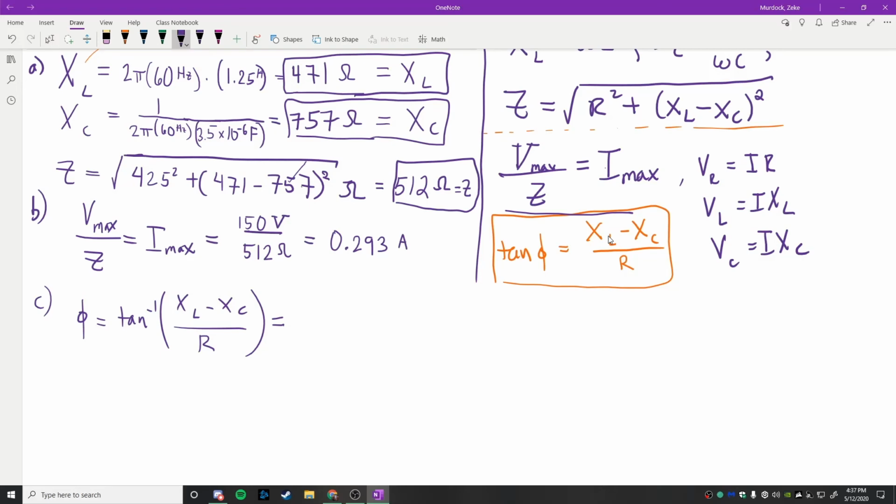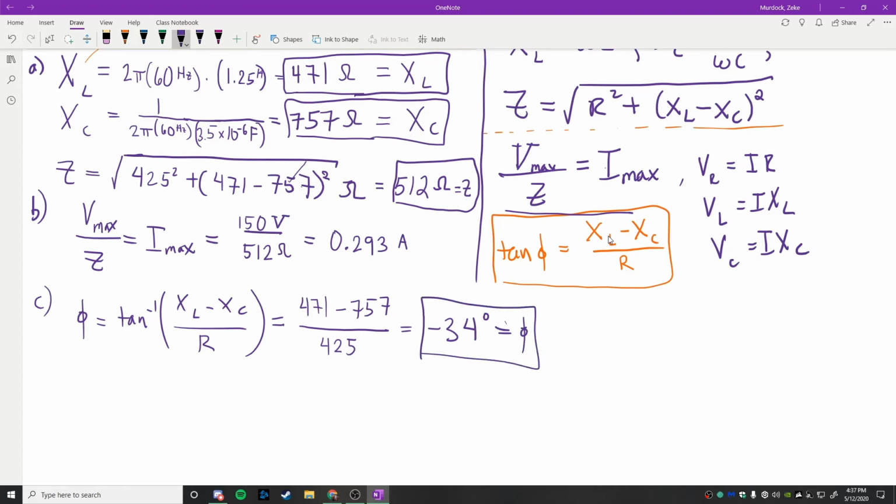So XL was 471 minus XC, which is 757, divided by R. You should get a negative number, right? Negative 34 degrees. I think that's actually stated in the last part of the problem. So that's your phase angle.